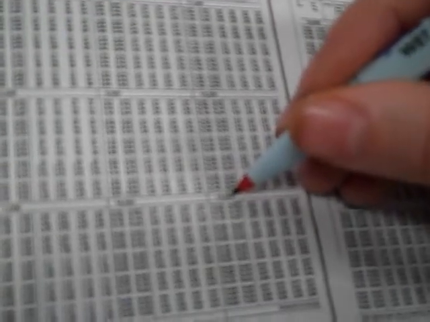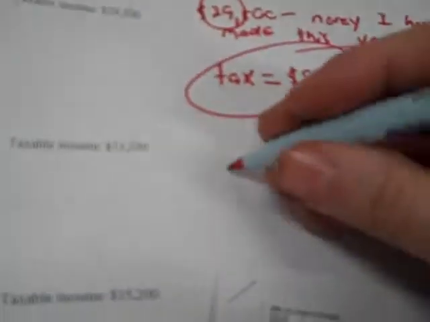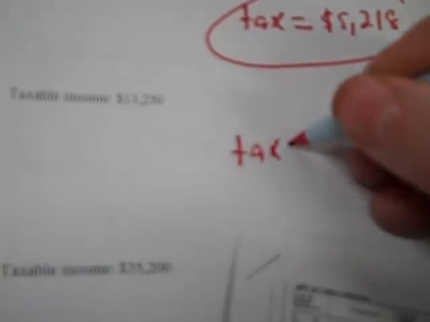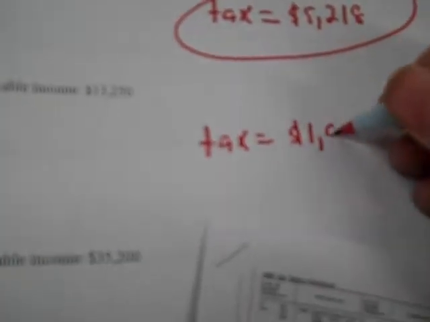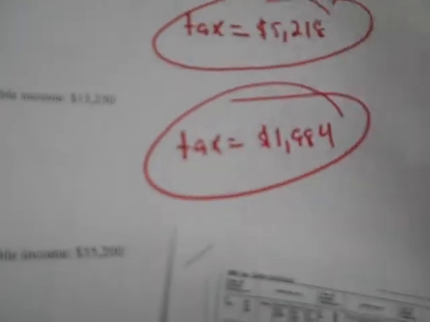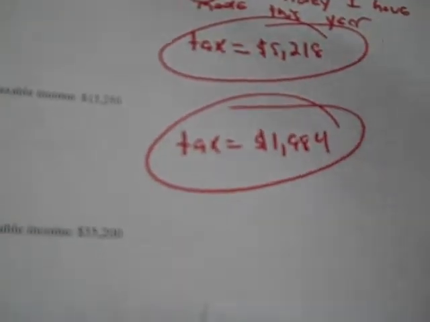Okay, 13,250. So 13,000's right here. Okay, 13,000. So the first time I see 250 is right here. So $1,984. Okay, so that's how much tax I have to pay.